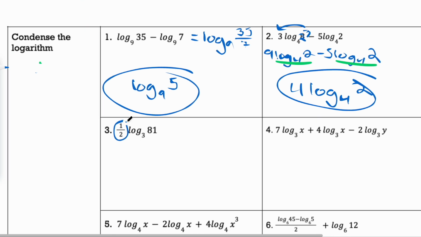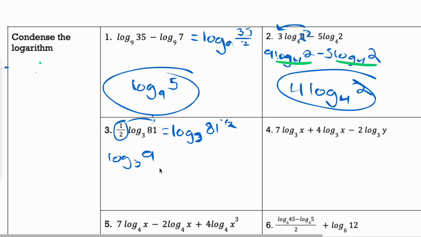Let's move this to be an exponent, and then we'd get log base 3 of 81 to the 1/2 power. Well, 81 to the 1/2 power is the same thing as the square root of 81, which is 9.